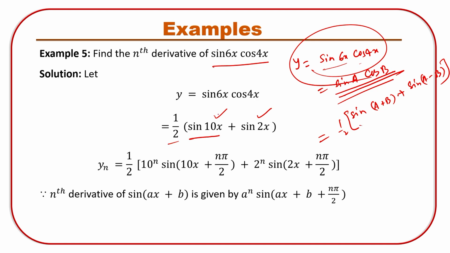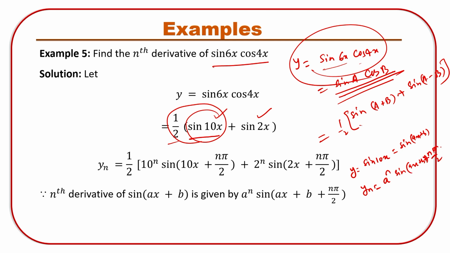So, taking sine of 10x as y again, yn can be written, taking this as sine of (ax plus b), as a to the power n sine of (ax plus b plus n pi by 2).